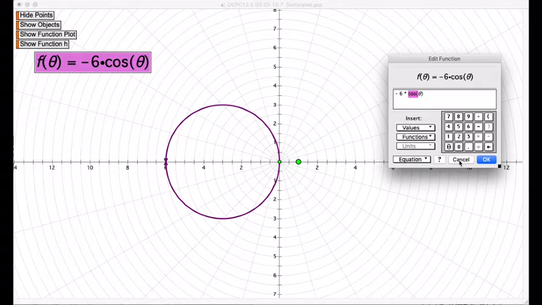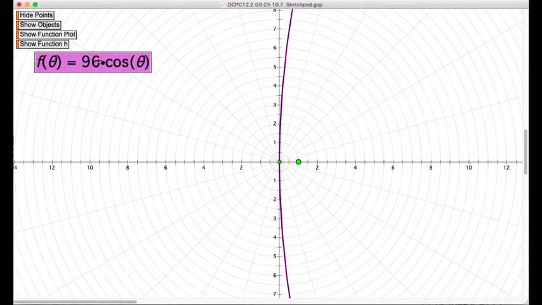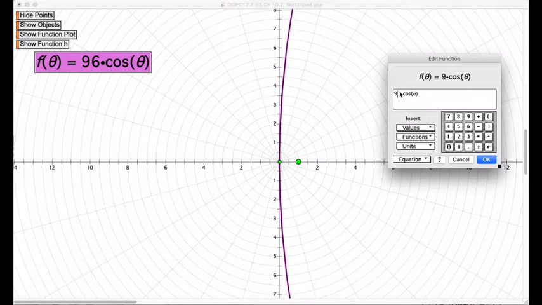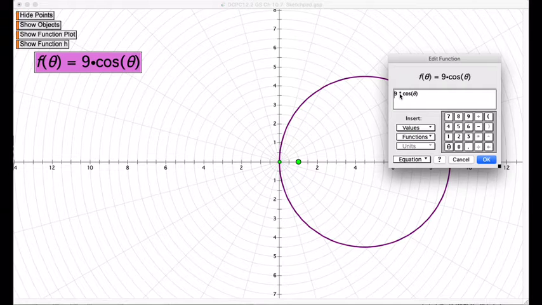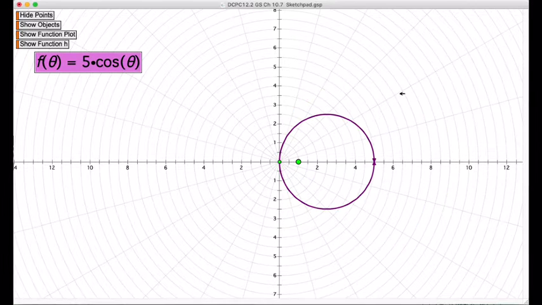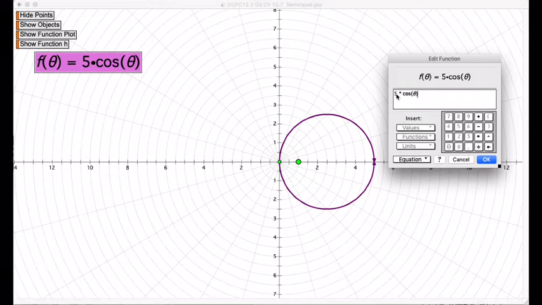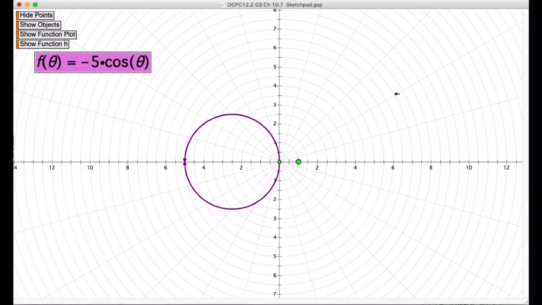No matter what I change this to, if I made this +9, oops, not 96, that's way too big, like +9, or +5, or -5, all of these different things, we're still stuck either in that 0-degree direction or that 180-degree direction. We're stuck on that horizontal axis.